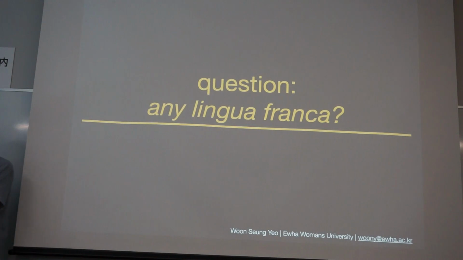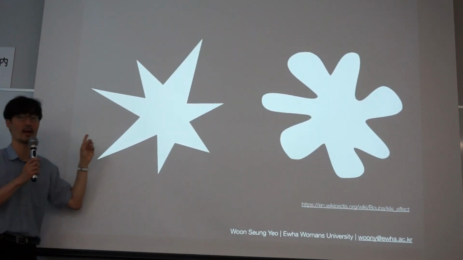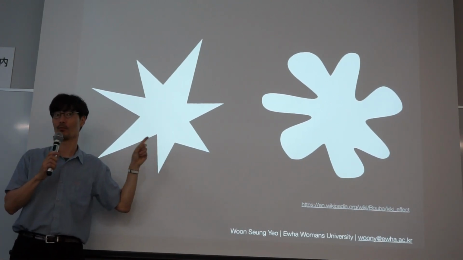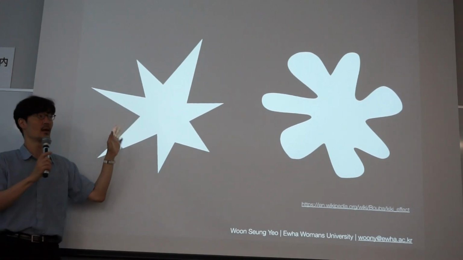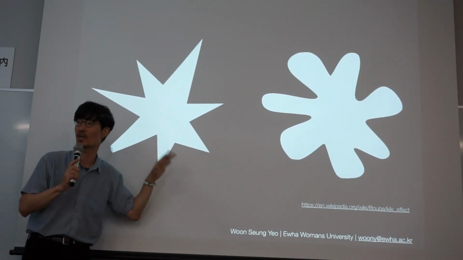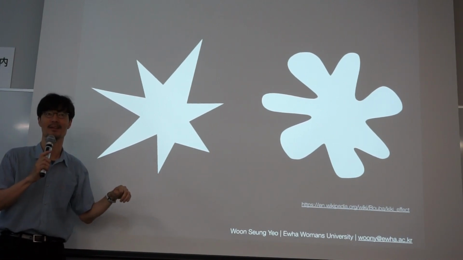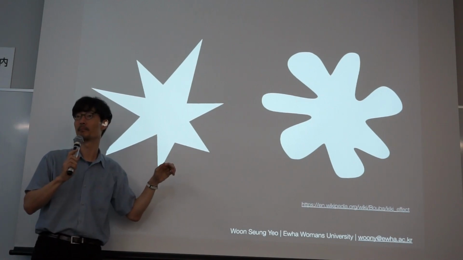But having said that, there is still something, and let me ask this. I'm pretty sure some of you are already familiar with this example. So we have these two shapes, and let's say the names of these two shapes are Buba and Kiki. So you know what I'm talking about. So which one is Buba?